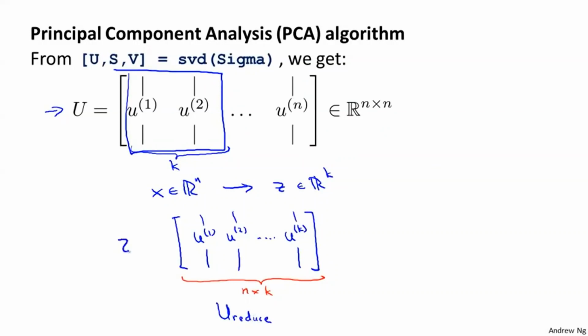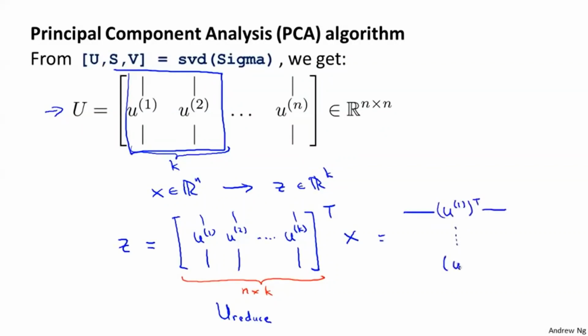And the way I'm going to compute Z is to let Z be equal to this U reduce matrix transpose times X. Or alternatively, to write out what this transpose means, when I take the transpose of this U reduce matrix, what I'm going to end up with is these vectors now in rows.